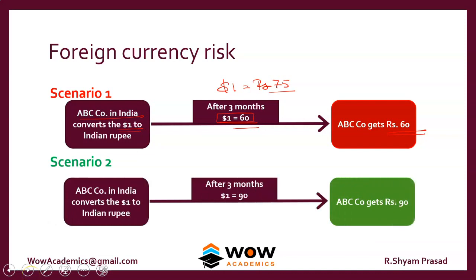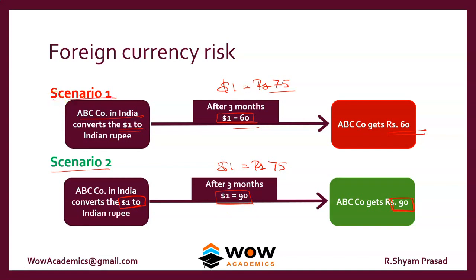But it's not that they will always incur a loss. For example, there can also be a scenario where the US company has made the payment of $1, and when they go to the bank in 3 months' time the $1 becomes 90 rupees, so the company can now get 90 rupees. They thought they would get 75 rupees, but now they are getting 90 rupees. So that is an additional profit of 15 rupees.